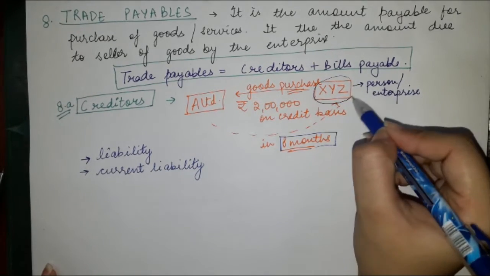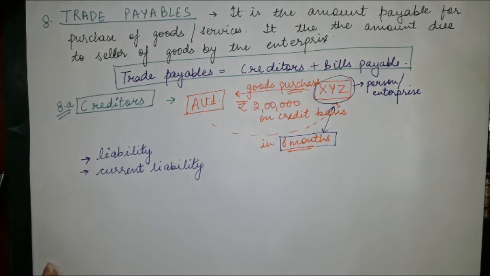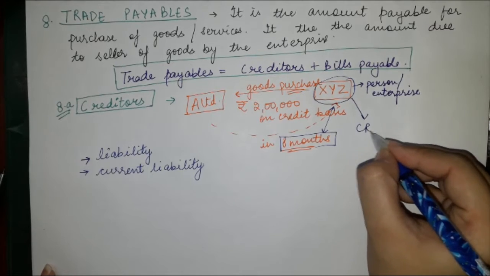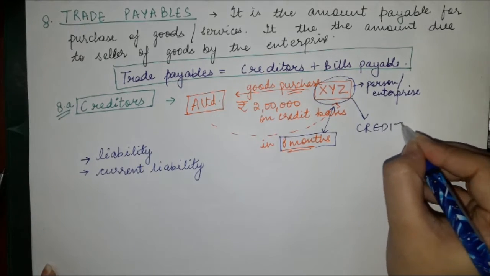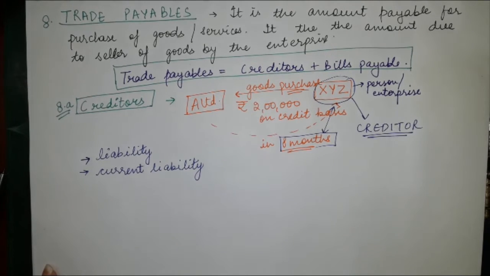And this person, for this time period, until we give them the money, what will XYZ be called for us? He or she, or the company, will be called the creditor.